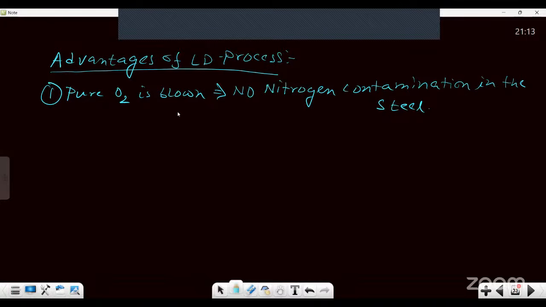Apart from that, due to the highly basic slag, there is efficient removal of phosphorus and sulfur.